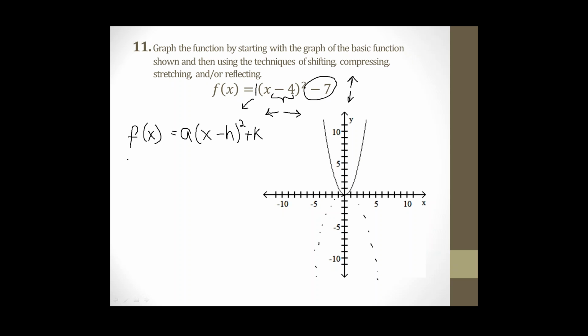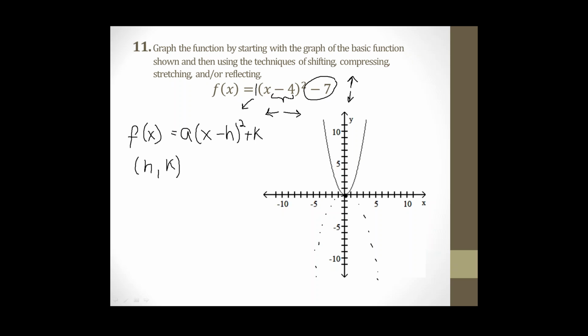The h and the k in this case are a coordinate, and that would be the vertex, which means the lowest or the highest, depending on how the parabola looks, point of the parabola. So right here, from our basic function, that h and the k would be 0, 0.